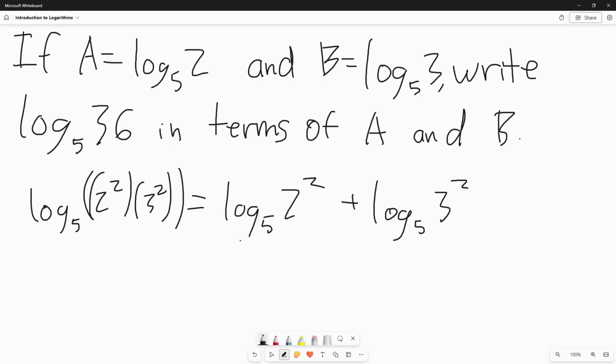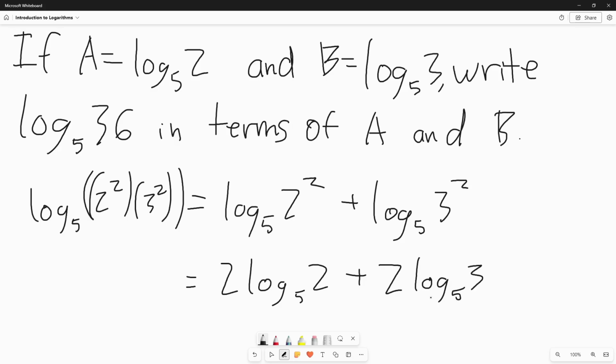We can now use the exponent rule on both of these to put the 2's into the front. So this is equal to 2 log base 5 of 2 plus 2 times log base 5 of 3. And now you can notice that we now have a and b in the equation. Log base 5 of 2 is right here, and log base 5 of 3 is right here. So this is just equal to 2a plus 2b.